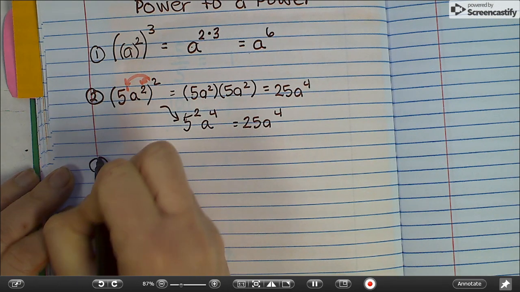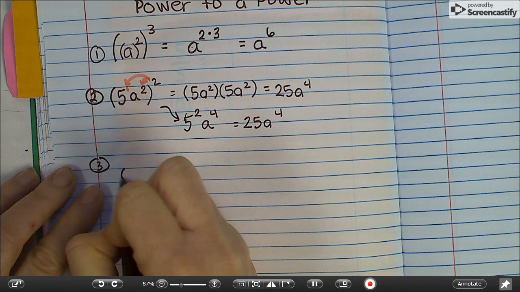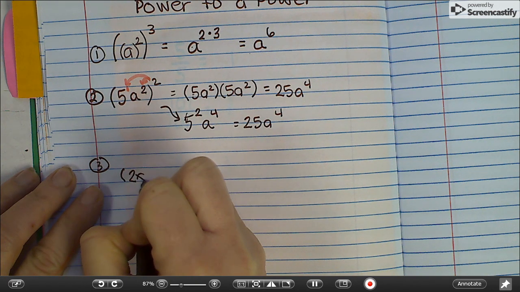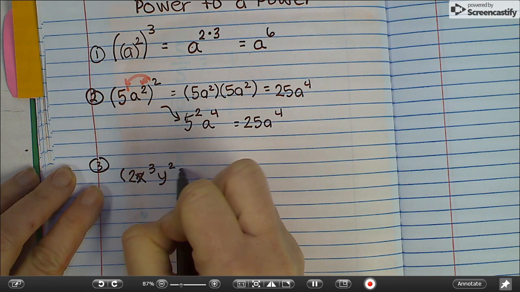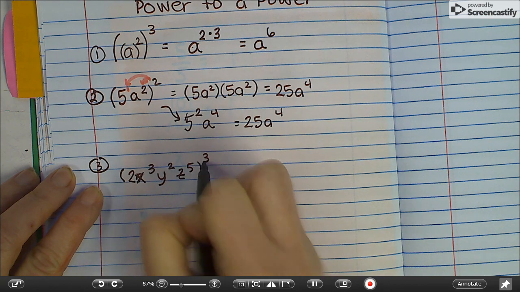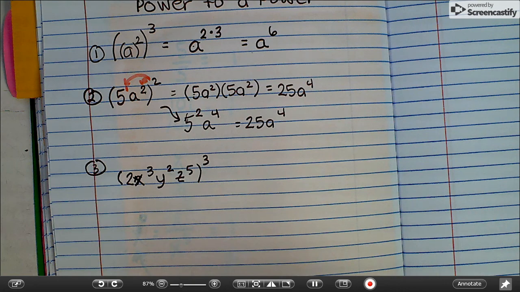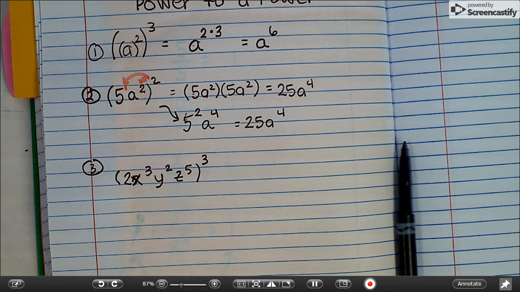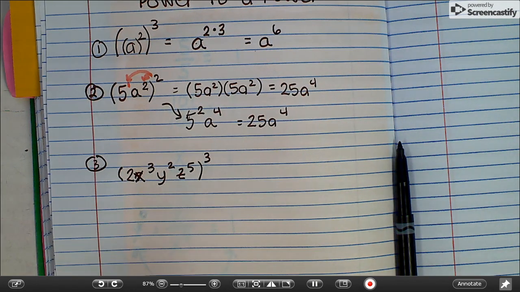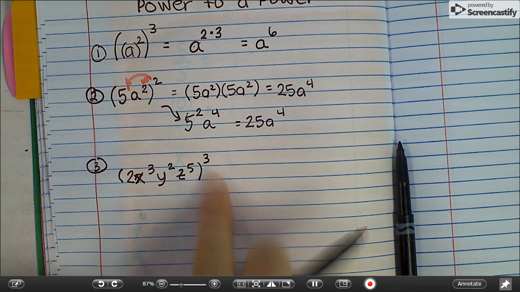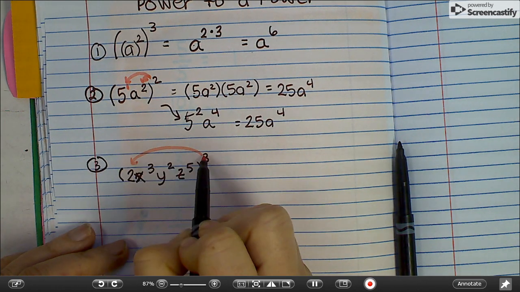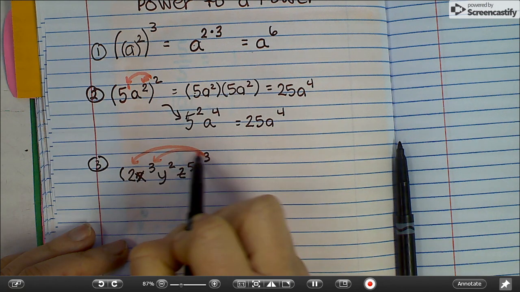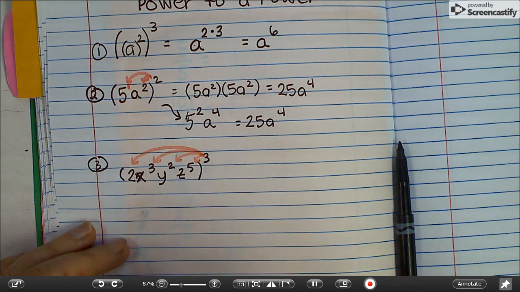For example, it would be a lot of work to write this out 3 times. And can you imagine if this was like a 10? That would be a lot of work. So we're going to use the power to the power rule and multiply the exponent on the outside by each of the exponents on the inside.